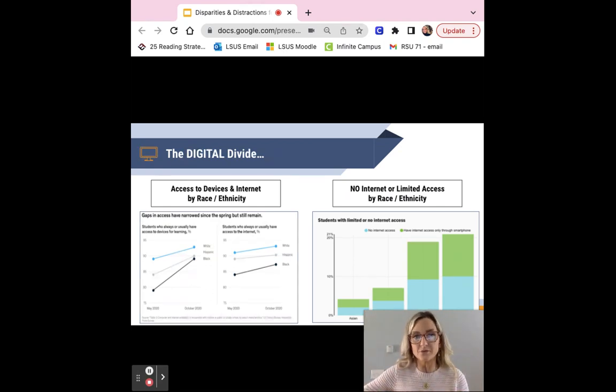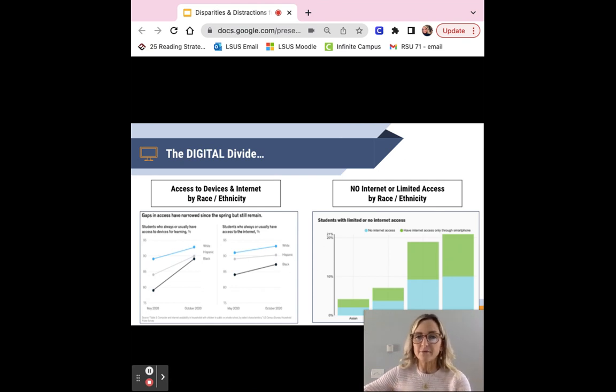We know our school districts work tirelessly to provide computers and hotspots. Black and Hispanic communities remained in higher need compared to white. Black and Hispanic households are still 3 to 4 percentage points less likely than white households to have reliable access to these devices, and 3 to 6% less likely to have reliable internet access.